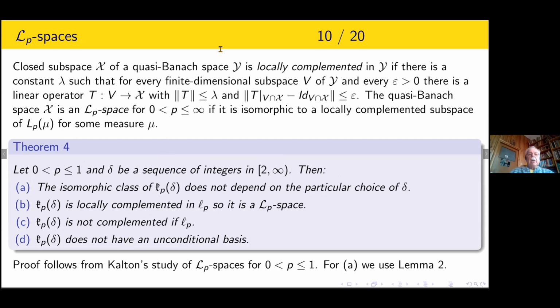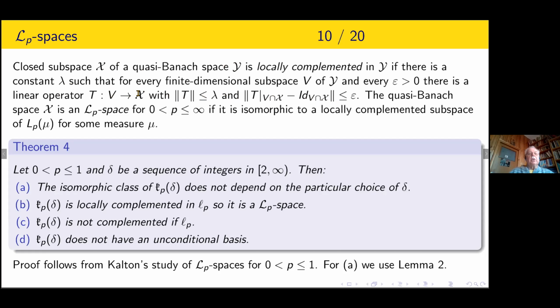A closed subspace X of a quasi-Banach space Y is locally complemented if there is a constant such that for every finite dimensional subspace of Y, there exists an operator into X which is uniformly bounded in norm, and is pretty close to the identity on the part of this finite dimensional subspace which sits in X.